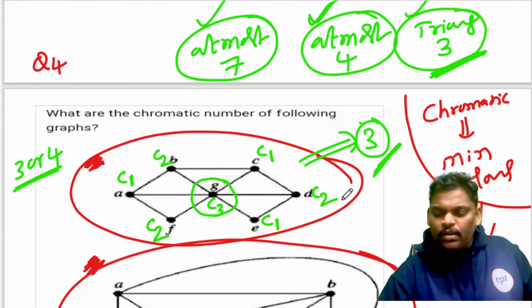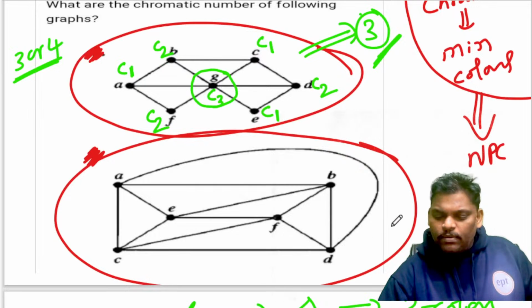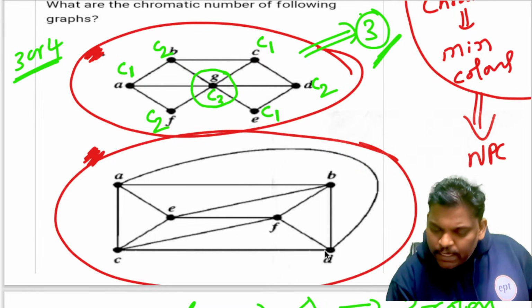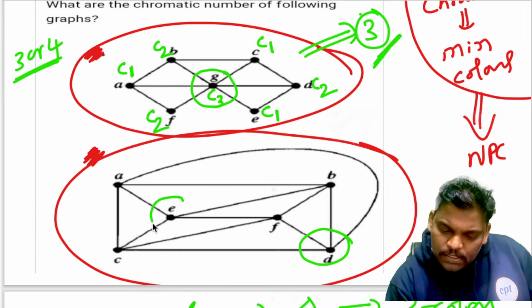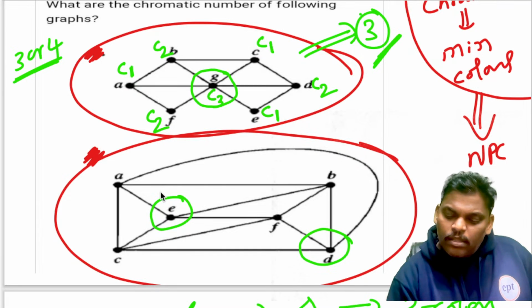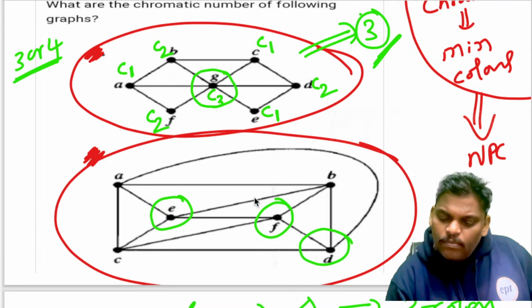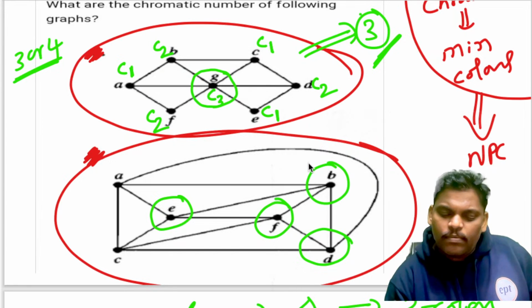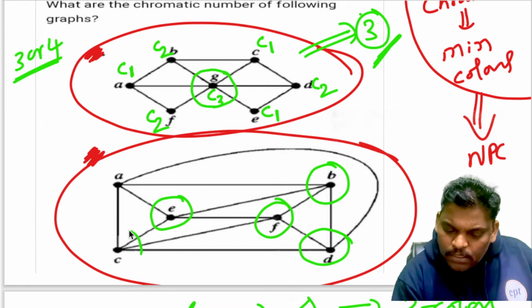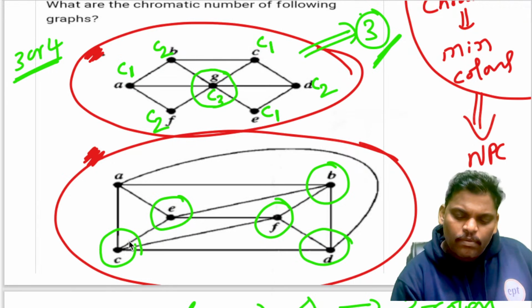In a similar way, can you go to the second part? What is the maximum degree? This is 4. This is 3. This is 4. This is 4.